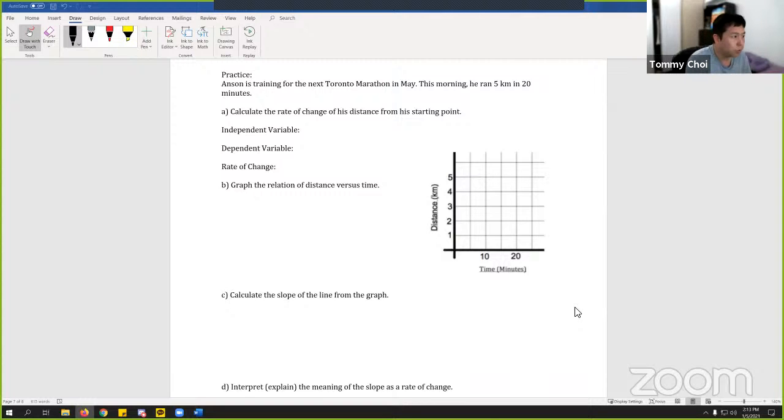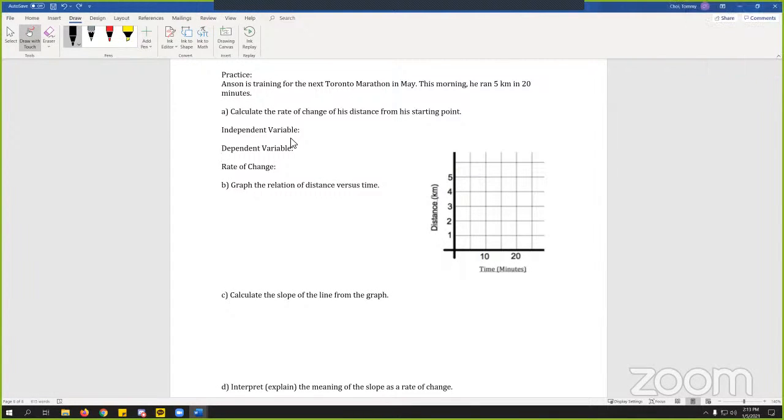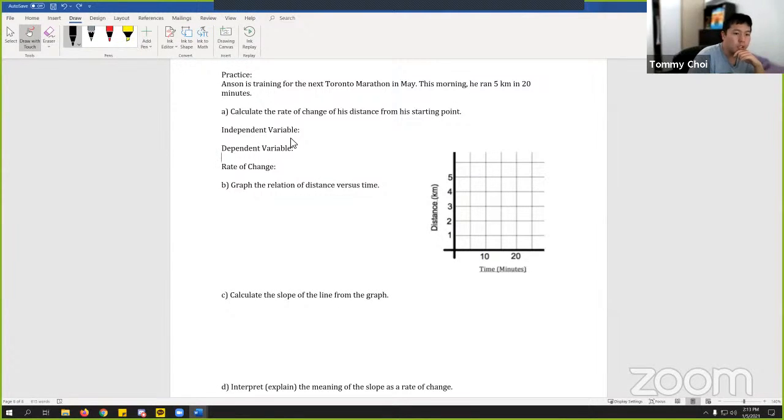I'm going to give you, or let's do the first part together at least. Let's get you guys started here. So which one is the independent variable? What would you say the independent variable is? Which is the x-axis? The x variable. Time in minutes. Time in minutes, right? It's listed out right here, right?